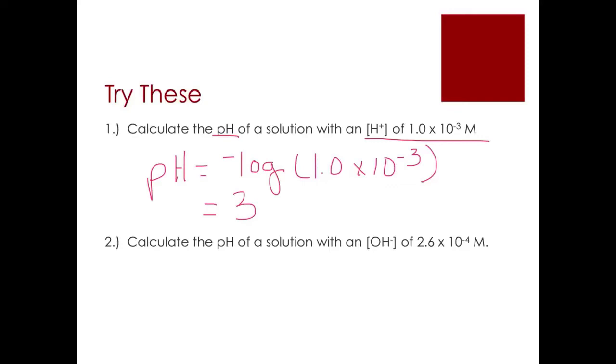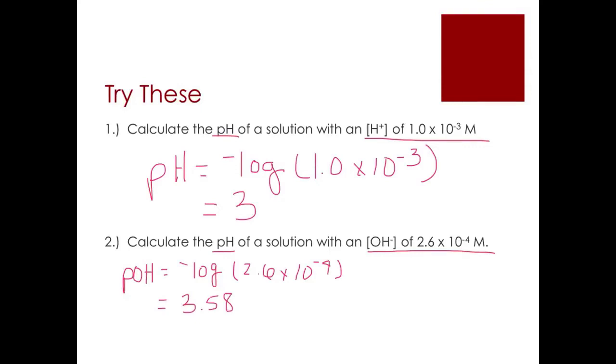In the next example, we're again asked for the pH, but this time we're given the OH minus concentration. The easiest way to deal with these problems is to start by finding the pOH, which in this case will be the negative log of 2.6 times 10 to the negative fourth. This equals 3.58.